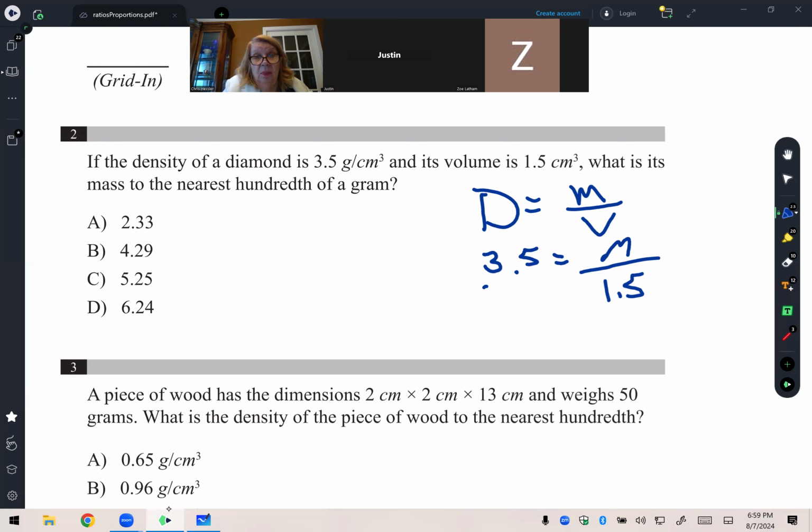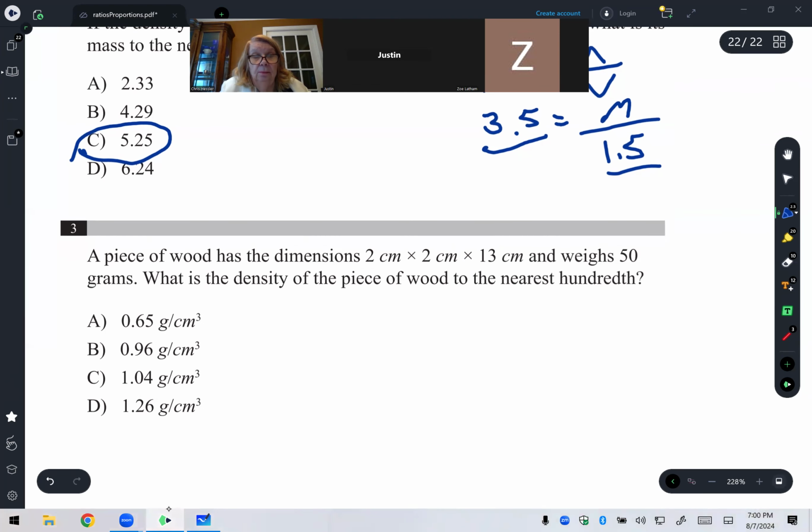So we're just going to multiply 3.5 times 1.5 and you would get 5.25. Is that good, Zoe Latham? Yeah. Thank you, Justin. Is that good? Yeah. Okay, let's try the last one.